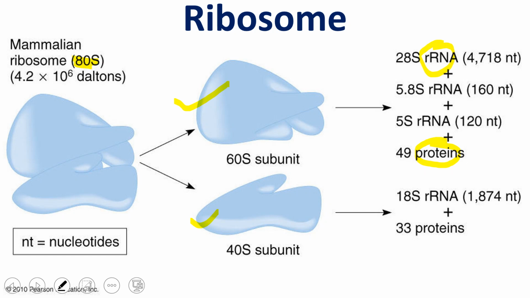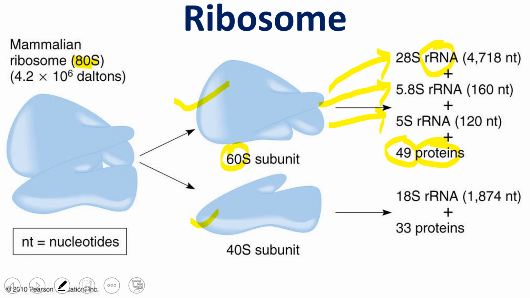The large subunit of the ribosome, that is 60S, contains three different ribosomal RNAs, that is 28S, 5.8S, and 5S, and it also contains 49 different proteins.